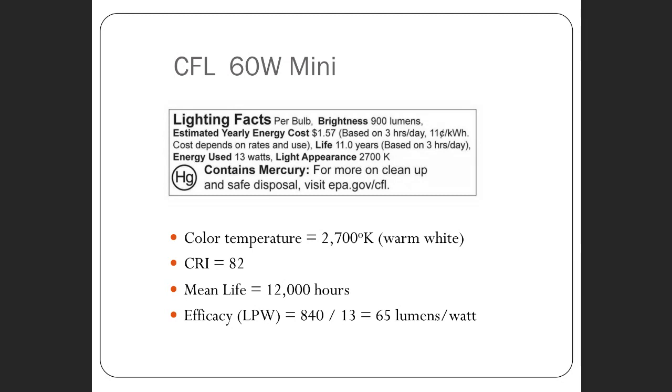Here's the downside. If you remember your periodic table from high school science, Hg is mercury. So our fluorescent light contains mercury, so be careful about how you dispose of it.